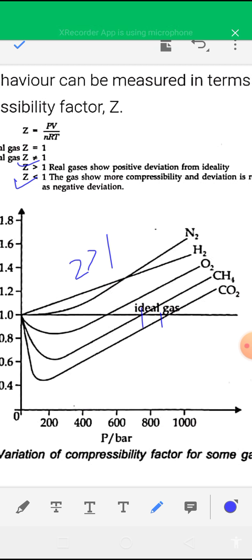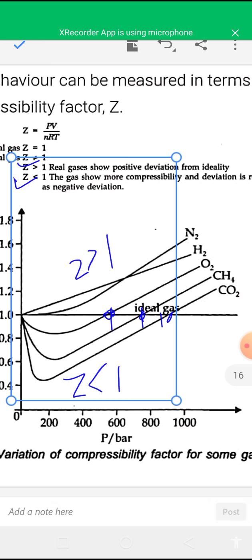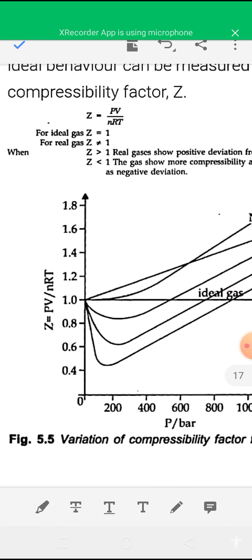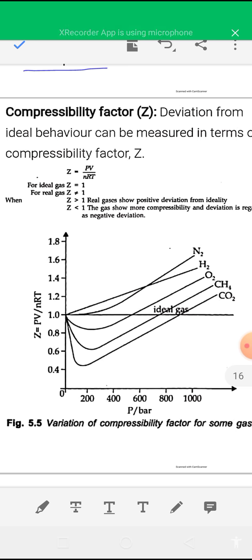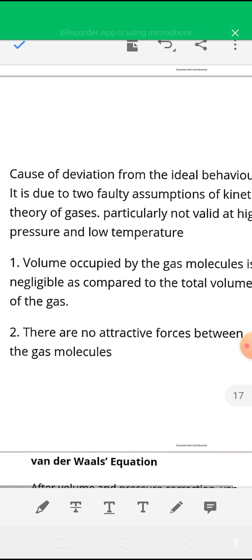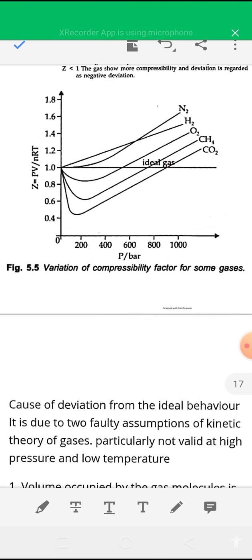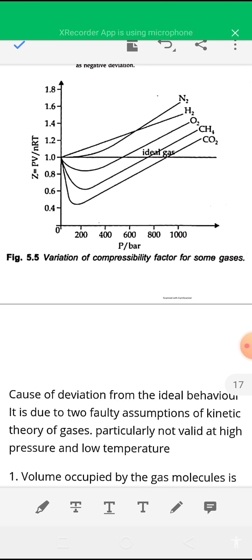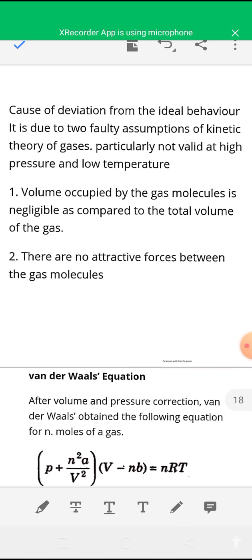Below this pressure, gases like O2, CH4, CO2 show negative deviation, that is the value of Z is less than 1. For different gases, the value of compressibility factor is different. So graphically you can show the variation in compressibility factor with pressure, and compressibility factor is the measure of deviation from ideal behavior for different gases.